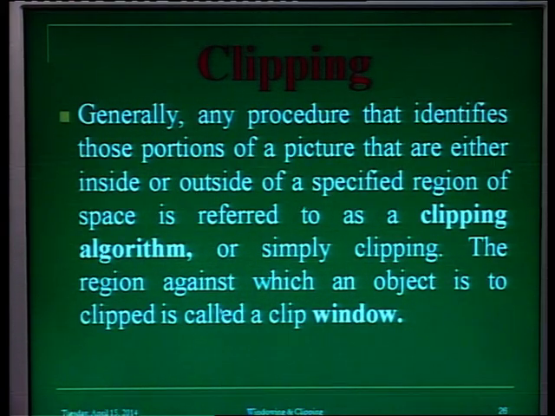The region against which an object is to be clipped is called a clip window. That may be the size of the window, or the size of the viewport, against which we specify the portions of the picture that are inside or outside.